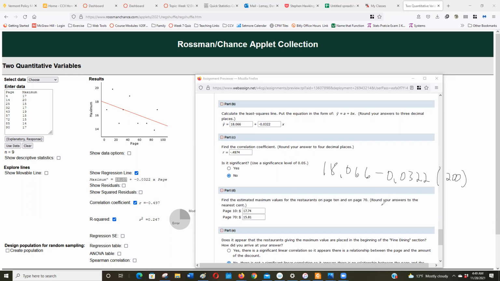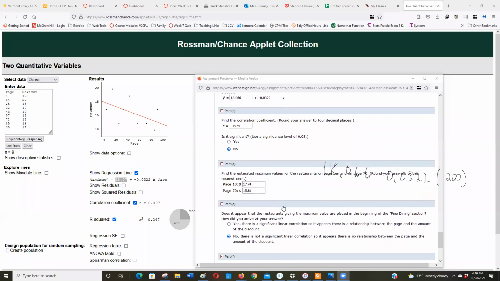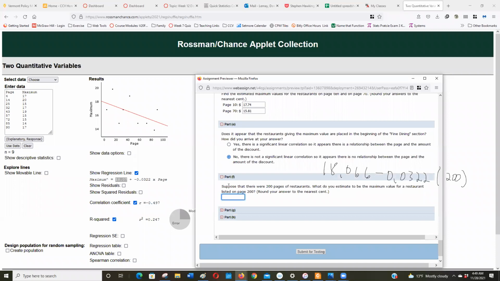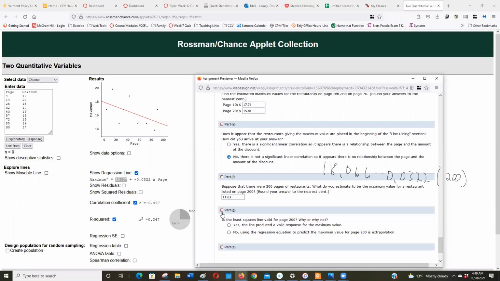Now I've got this set up on my calculator, so I'll be able to do this really quickly. This says it's 11.626. So I'm just going to try 11.63. Okay. And is the least squares valid for 200?